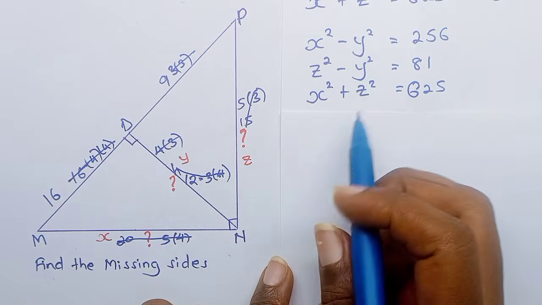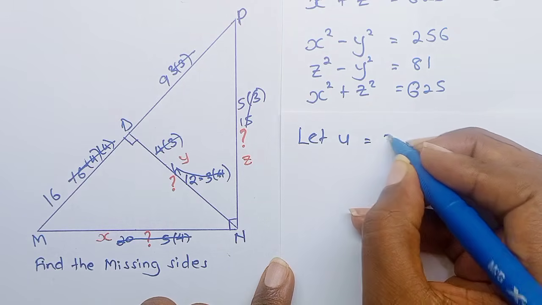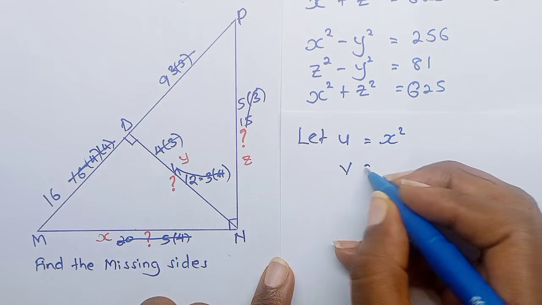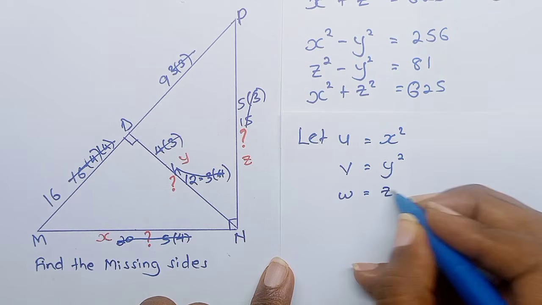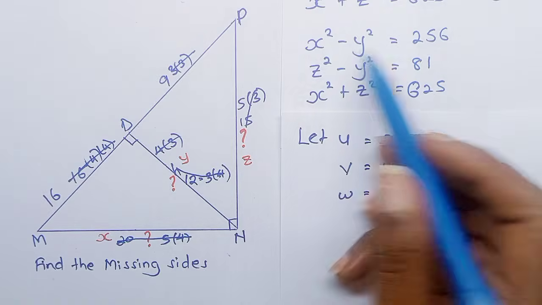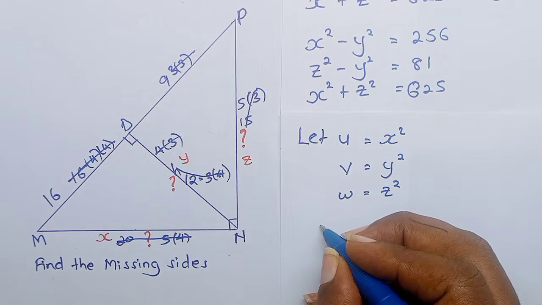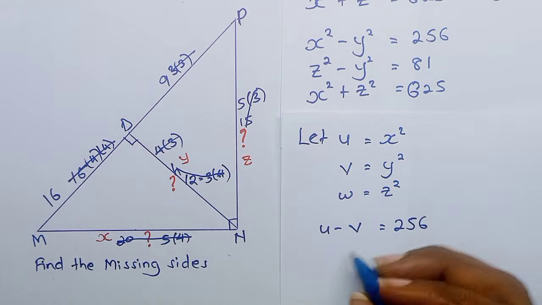So for us to be able to simplify this, we are going to say let u equal x squared, then let v equal y squared, and let w equal z squared. So now these equations will become u minus v is equal to 256.